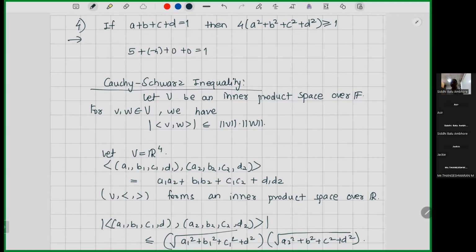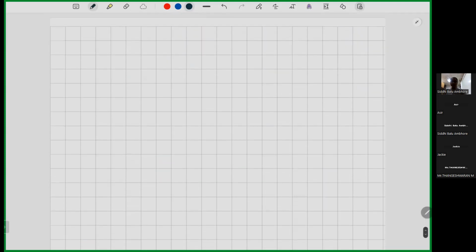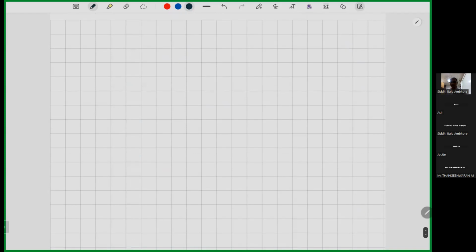For the previous one, if I remember, somebody was asking me about invariant subspaces, whether we can have a T such that only trivial invariant vector subspaces are there. In that case, we can take T from R2 to R2 such that x comma y goes to y comma minus x.